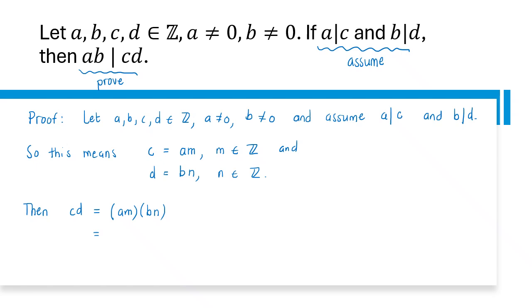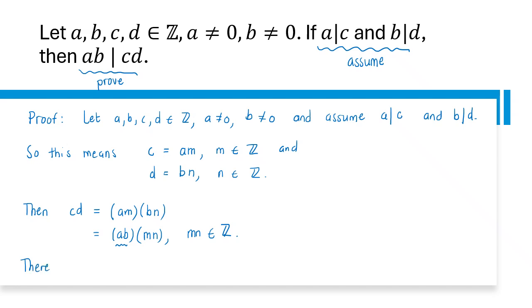We would like to show that AB is one of the factors. So let's group together AB and everything else that remains, Mn. So here we can write AB as one of the factors, and the other factor, Mn, since M is an integer and N is an integer, the product will be an integer as well.